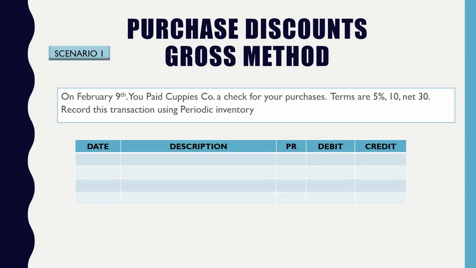What accounts would I be using? So if I recognize that I owe money, right? And I'm going to recognize that I should be getting a discount. At the same time, I'm making a payment to them. So therefore, I'm going to be using my cash account. However, what do I know about my cash account? Am I paying for the full amount?